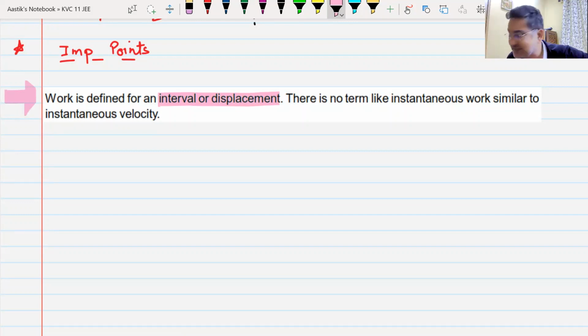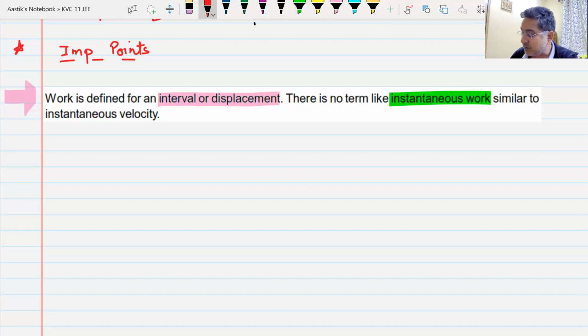There is no such thing as instantaneous work. We had terms like instantaneous velocity and instantaneous acceleration, but displacement is always over an interval of time, and therefore work is also over an interval of time.